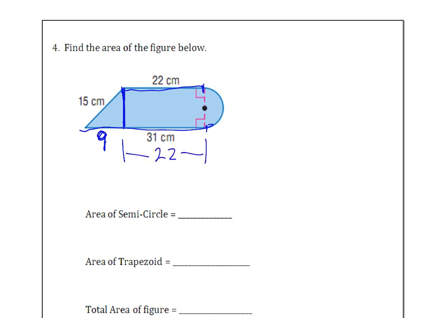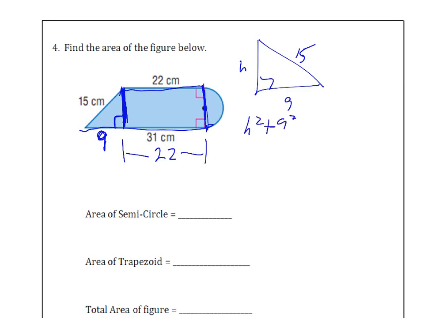Now, why does that matter? That matters because here I create a right triangle. That means I can figure out my height here. I need to figure out that because that is also the diameter of my circle. So right triangle, Pythagorean theorem: that's 15, that's 9, figure out that.